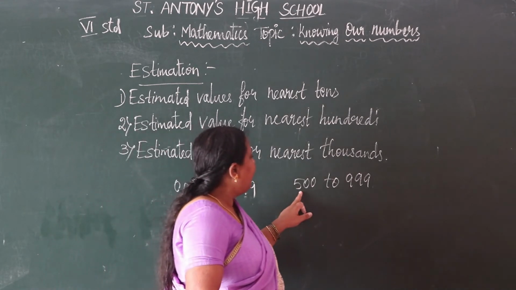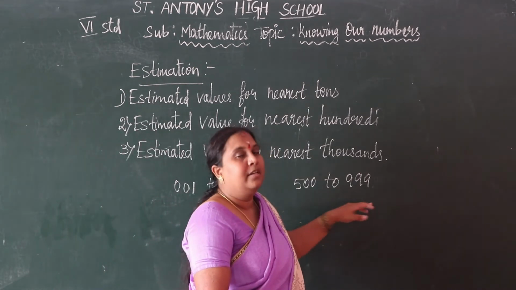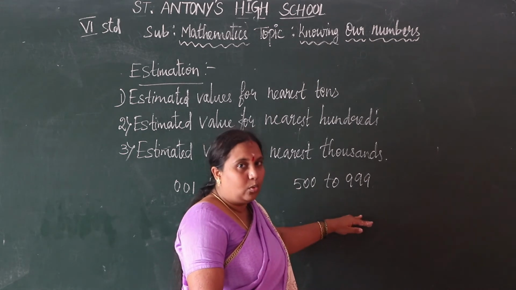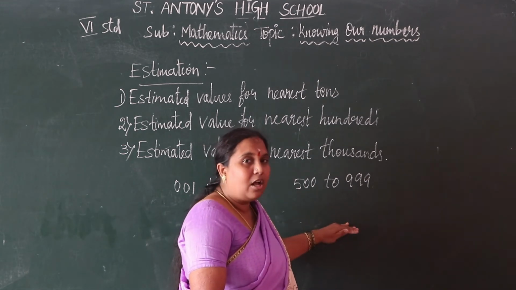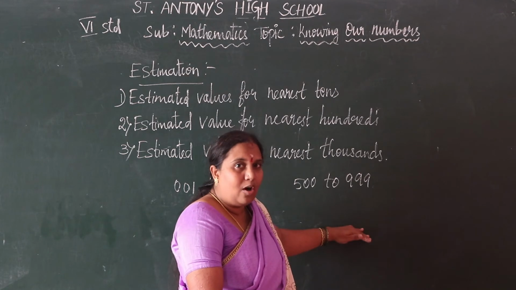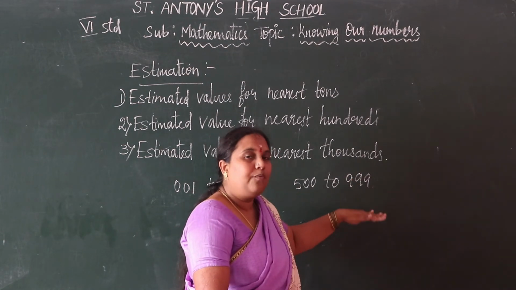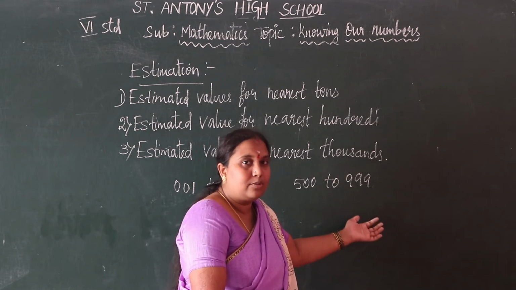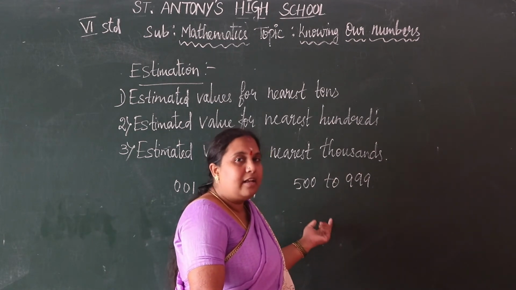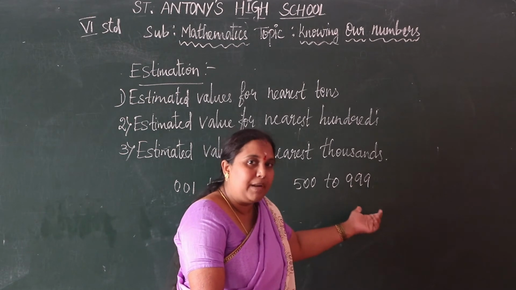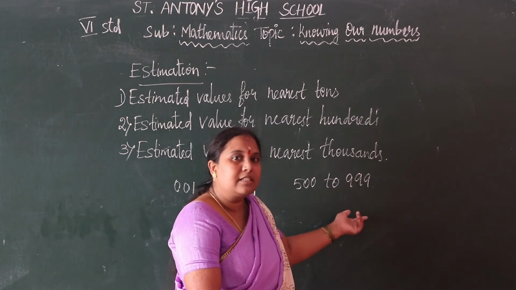But 500 to 999 comes under rule number 2. It is nearer to 1000 than 0, so we round it off to 0 and increase 1 in the thousands place.